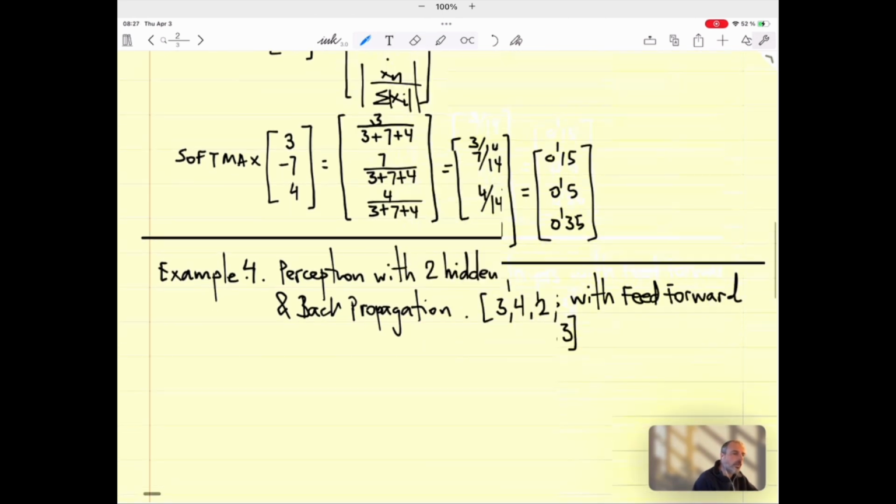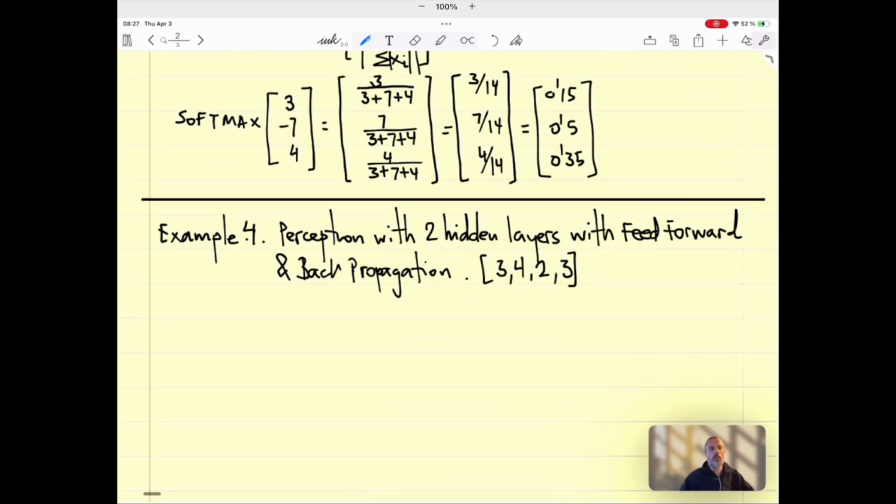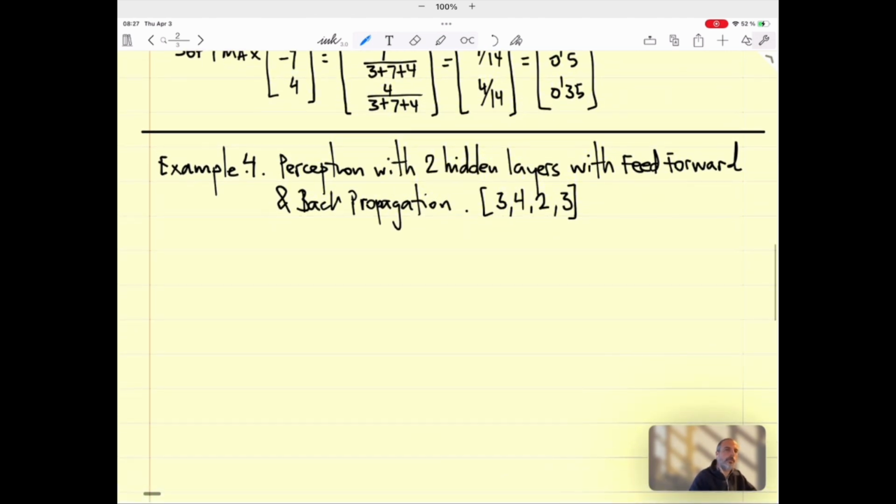All right. So the feed forward is something that we have done already, and I will go a little bit faster now on the feed forward part, because we want to focus on the back propagation.